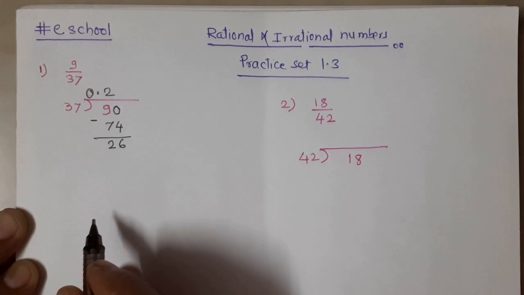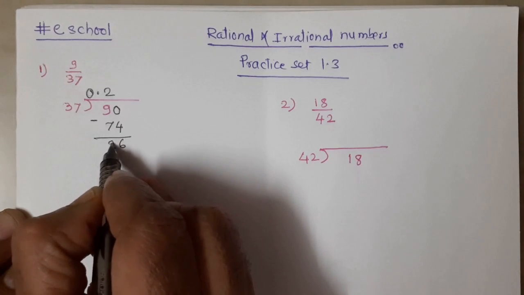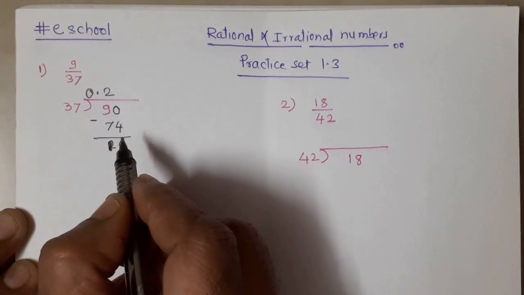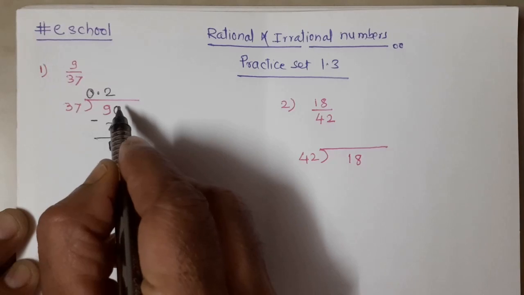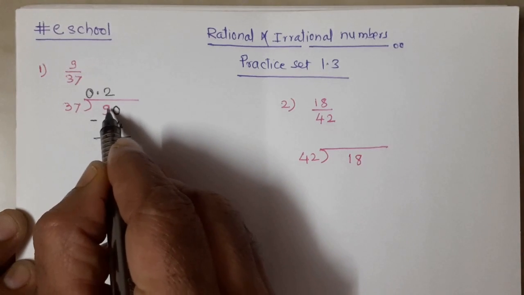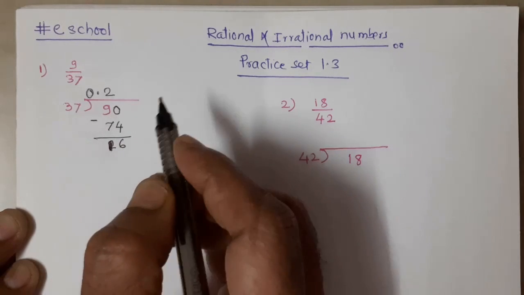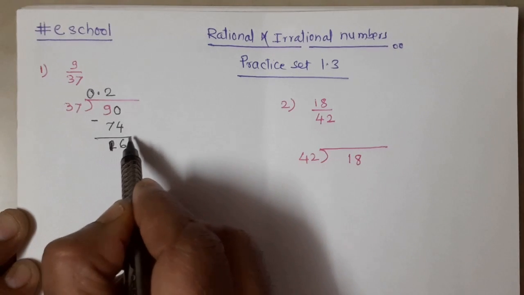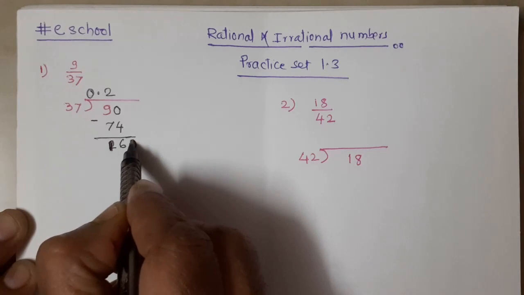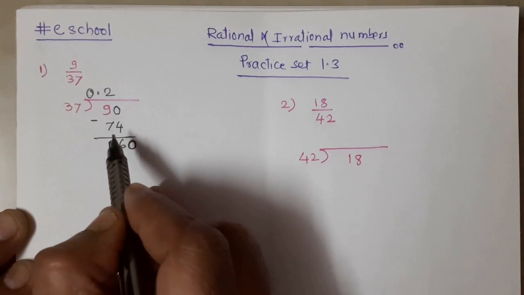Okay, sorry, 9 minus 8 is 1, that is 16, because we have to subtract 10 minus 4, and due to the fact that 9 minus 8 will be there, that is 1. So it is 16. We have to again take 0 over here, because we cannot divide it by 16.